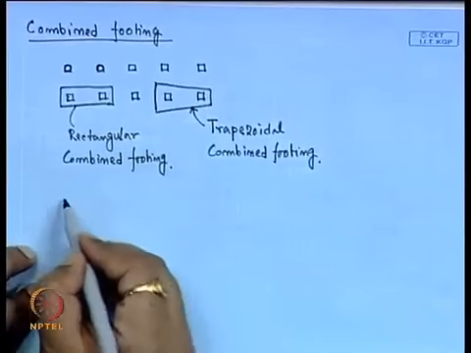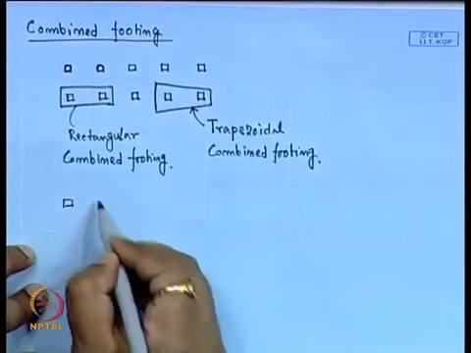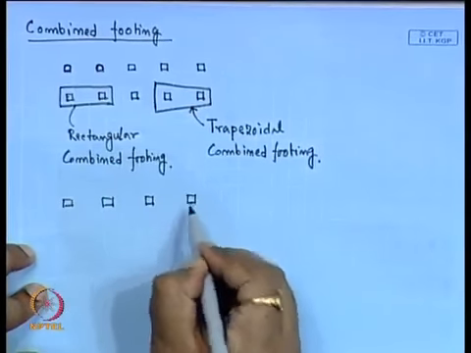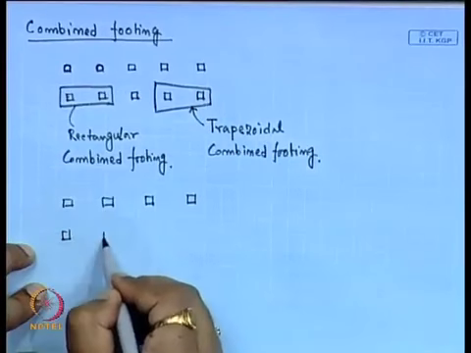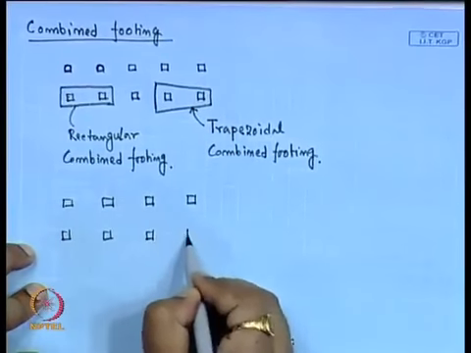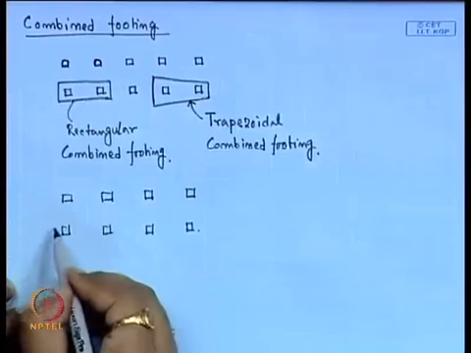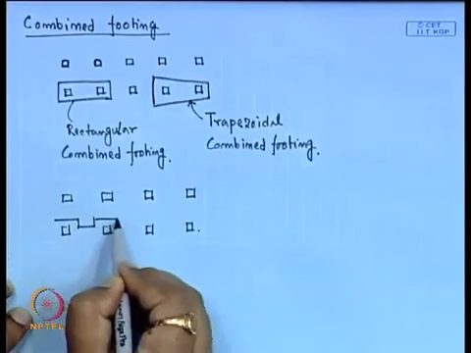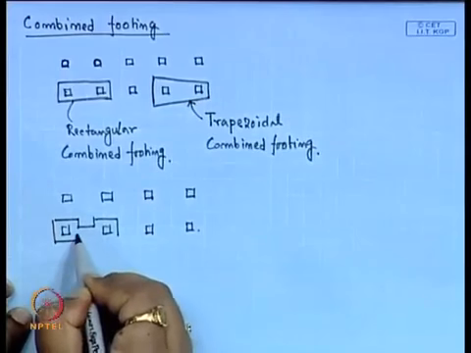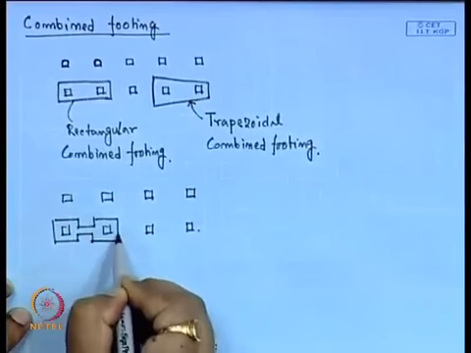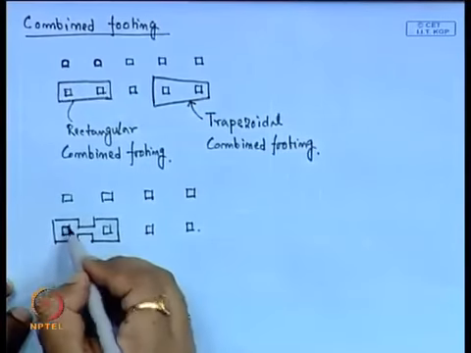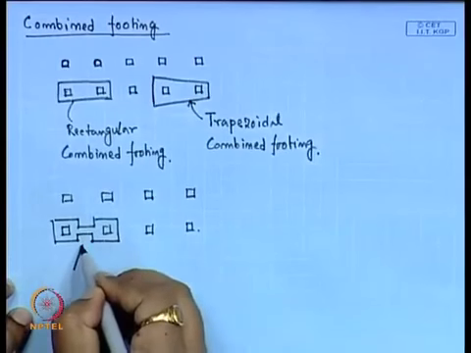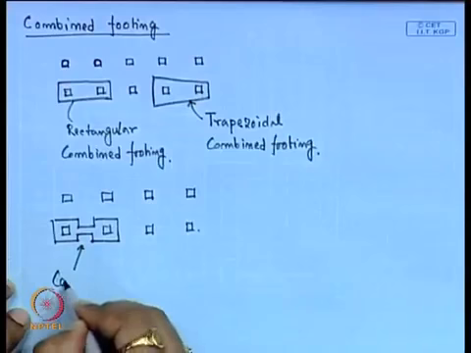Similarly, suppose these are other column arrangements, where sometimes we can use this type of footing. Here also these two columns are combined in a single footing. This type of footing is called a cantilever footing.